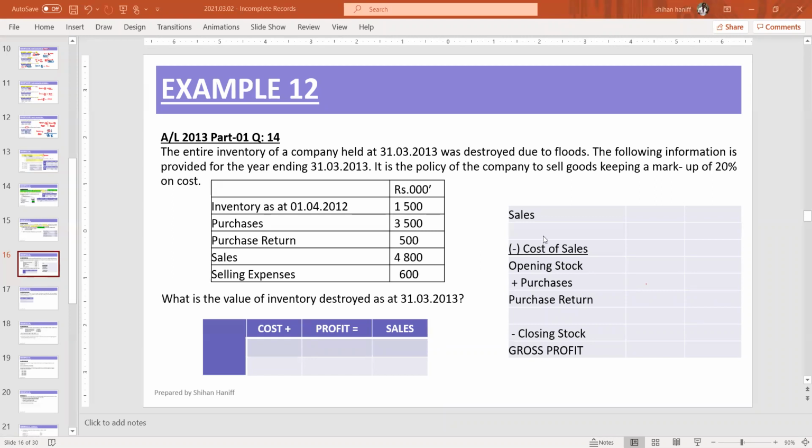Goods sold on cash or return basis. Right. So that is not related to this. Anyway, I will explain that.